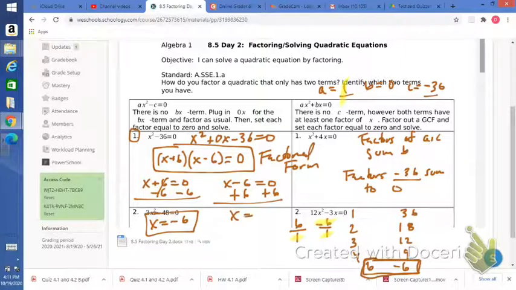And you get x equals a positive 6. Alright, so those are my solutions. And they're also referred to as your roots, your zeros, or your x-intercepts. Because if I was to graph this, if I would plug that into the calculator, the graph will cross the x-axis at 6 and negative 6.